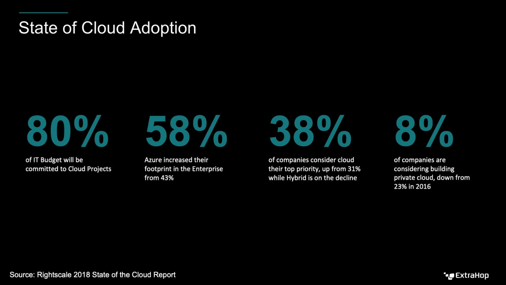That used to be with a lot of private cloud, but that's decreasing, due to some of the new, more novel offerings from people like Amazon, Google, Microsoft, etc. So we've seen a reduction in private cloud, down from 23% to about 8% in 2016. At the same time, and personally I've seen this as well, Microsoft has increased their footprint in the enterprise cloud space from 43% up to 58%.